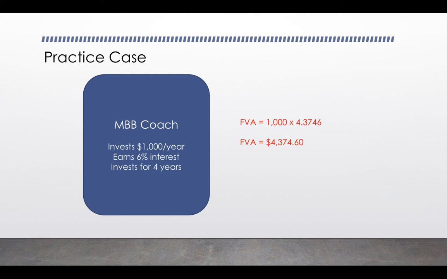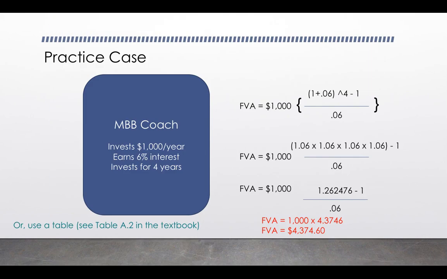That's what they're there for, to simplify this process. Again, I think it's important that you understand the formula and how it works, but I'm not going to ask you to run this full formula when you're given the scenario on the test, because again, we can get the same answer by using the tables.